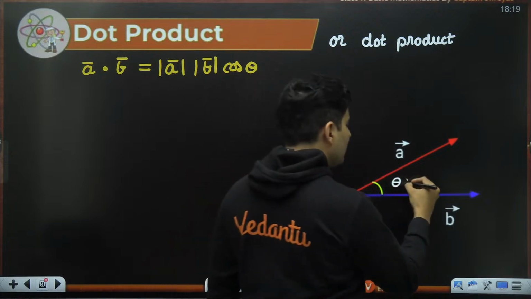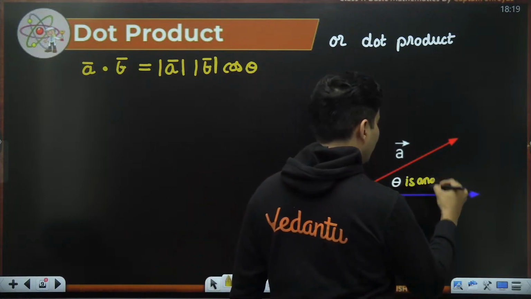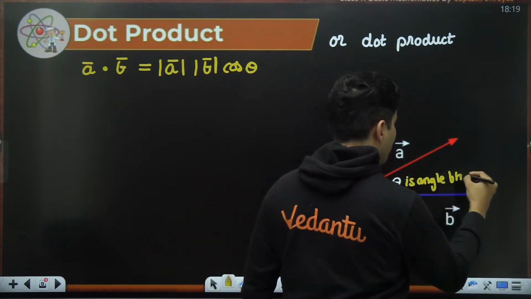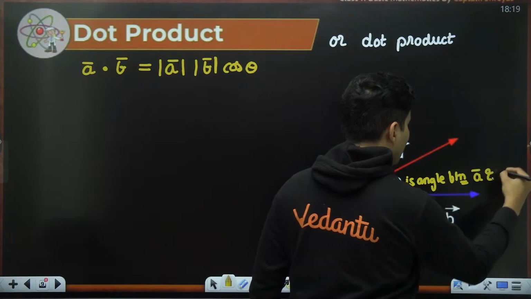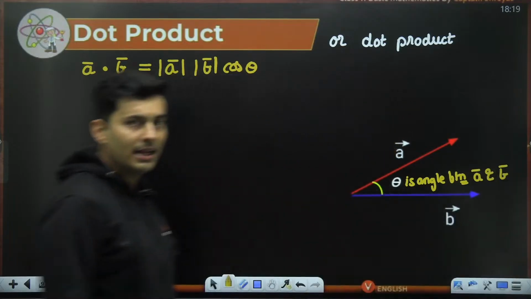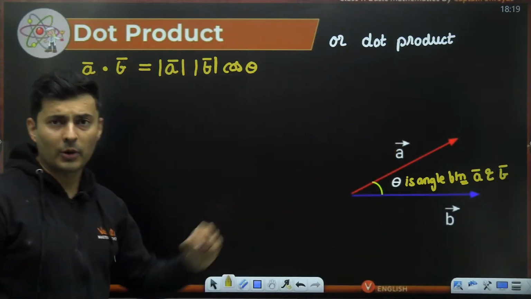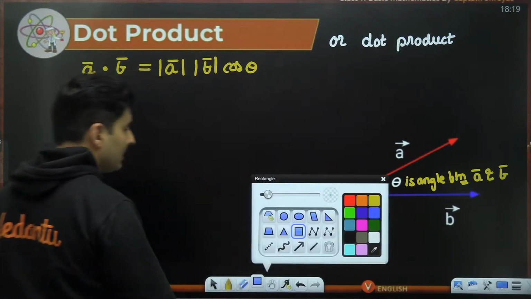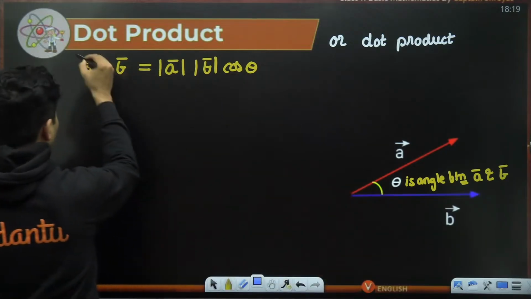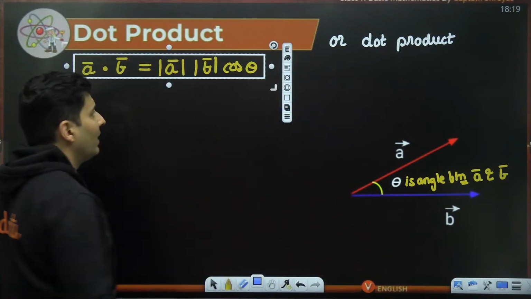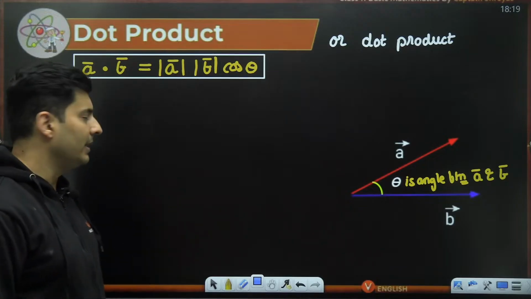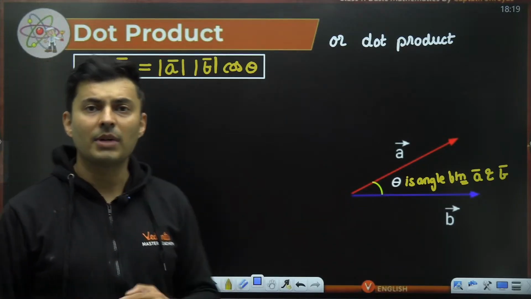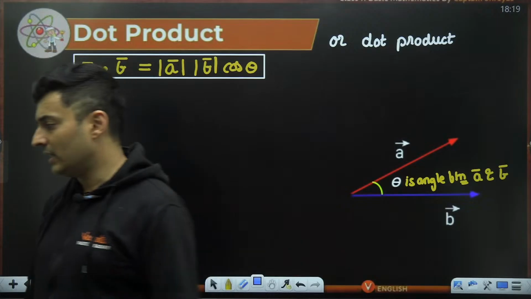So theta is the angle between A vector and B vector. Then you will get the dot product of those two vectors. That's how simply it has been defined. A dot B is nothing but AB cos theta.